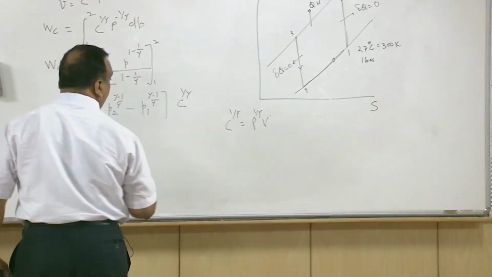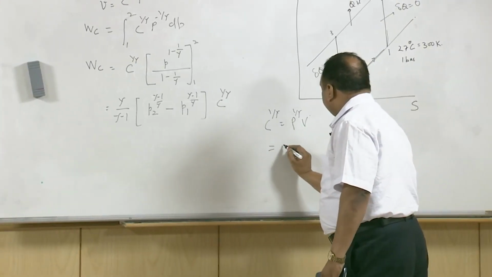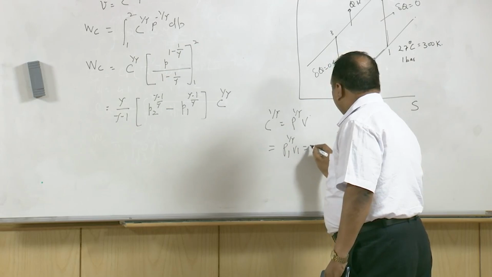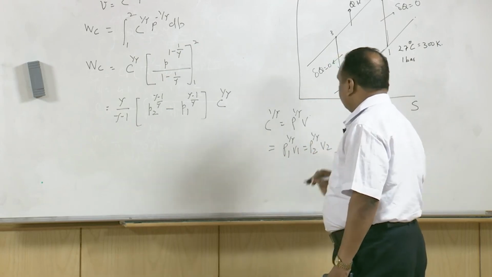Now, we can always take it like this: P1 raised to power 1 by gamma V1 is equal to P2 raised to power 1 by gamma V2.